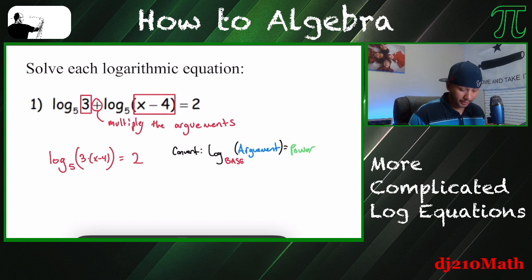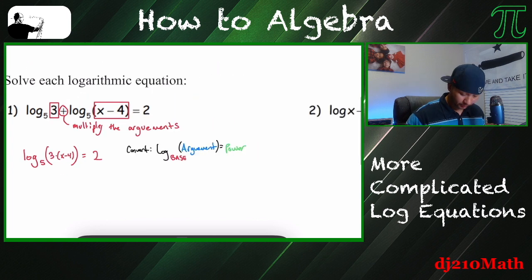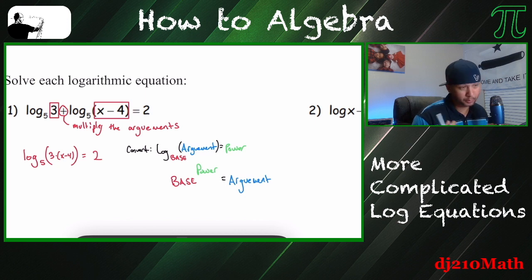When we convert it, we have the base, which is raised to the power, and it's equal to whatever the argument is of the log.